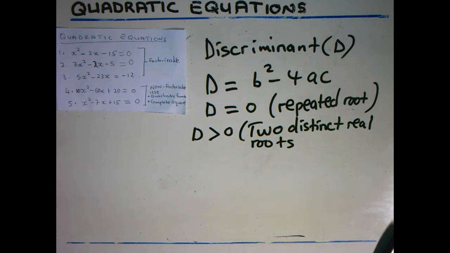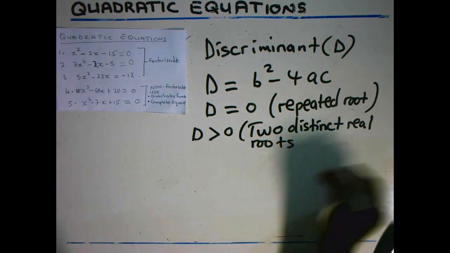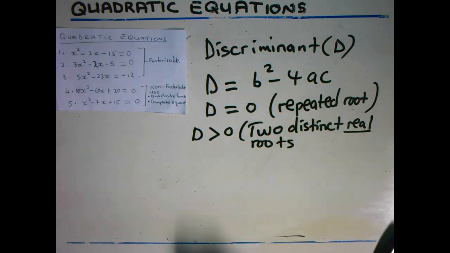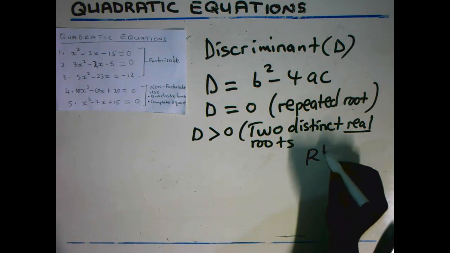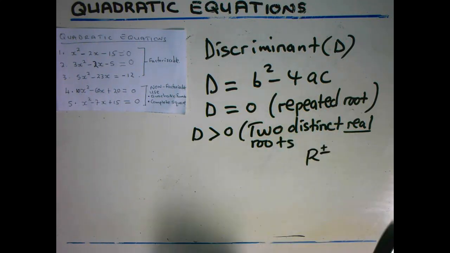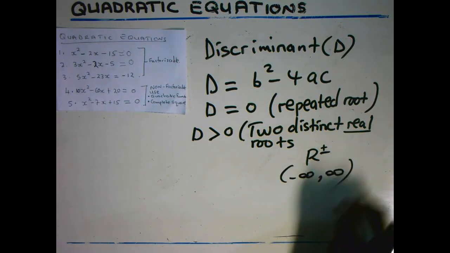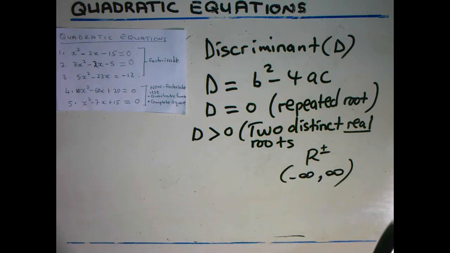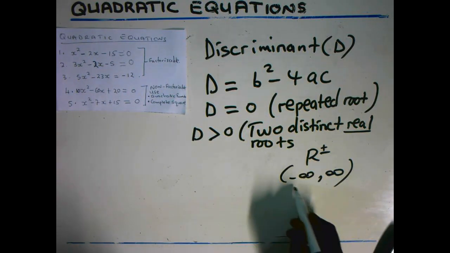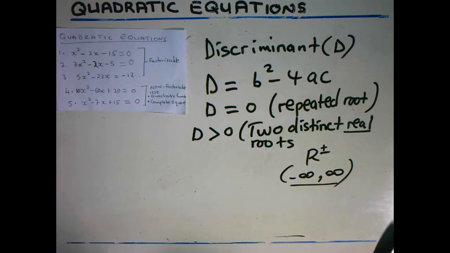In other words, the roots are actual numbers. Do we have some roots which are not real numbers? Yes, we do. The set of real numbers are the numbers from minus infinity up to infinity. So if D is greater than 0, we have two distinct real roots coming from this set.